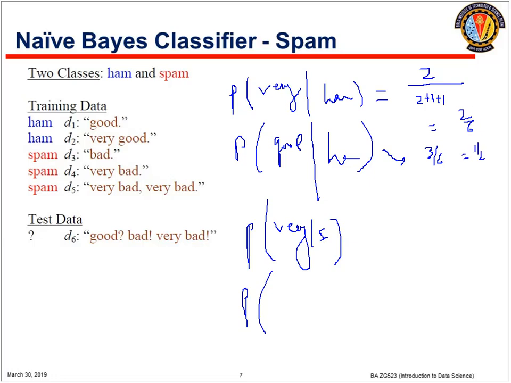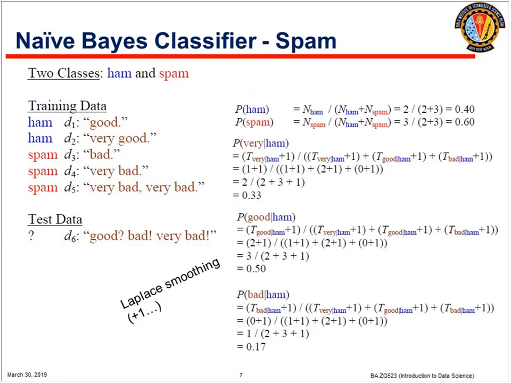So look at the probability of each word, given that the document is either spam or ham. Just calculate each of the probabilities, and that is what is being done here. We are doing Laplace smoothing, also called Laplace plus 1 smoothing. The vocabulary here consists of 3 words.